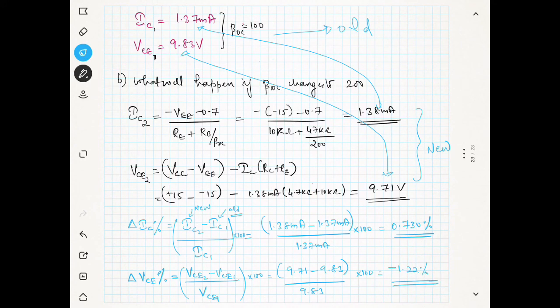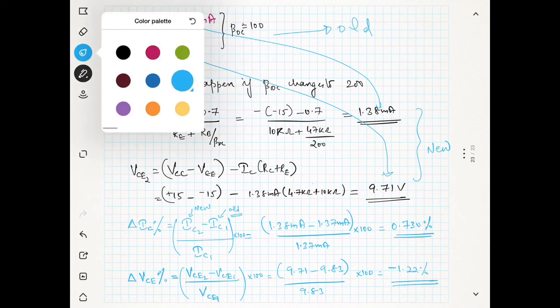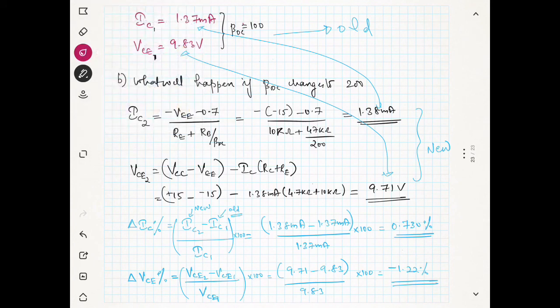So this is also a very small value. You can see the change in IC is positive because IC is increasing, and this is negative. It denotes that VCE is reducing, right? So VCE is decreasing.